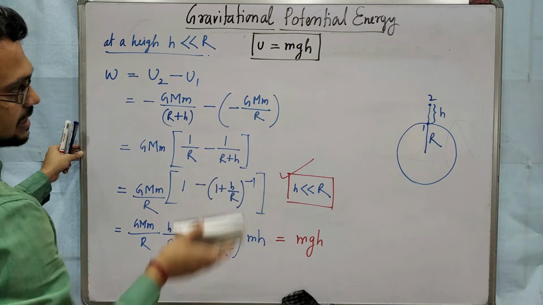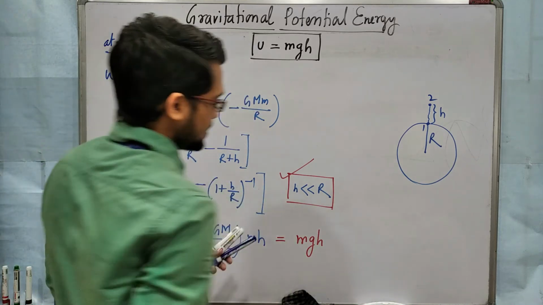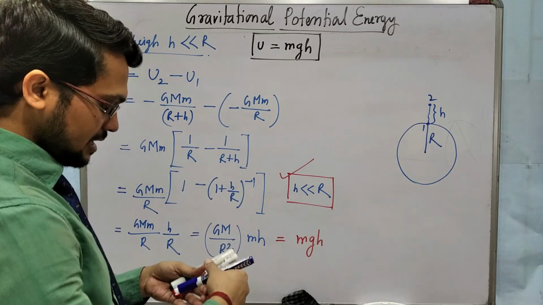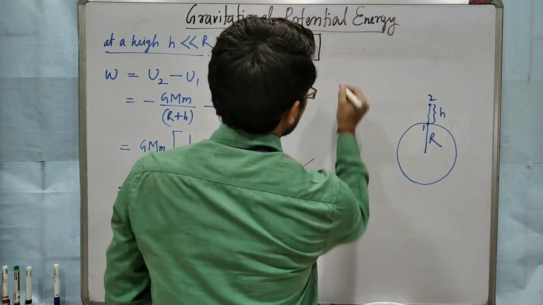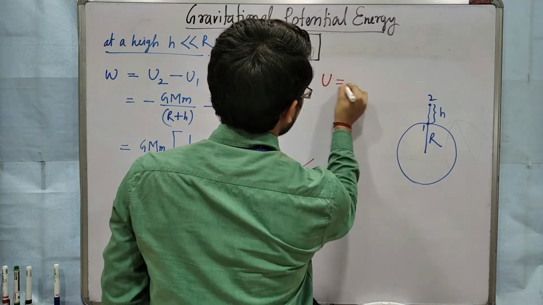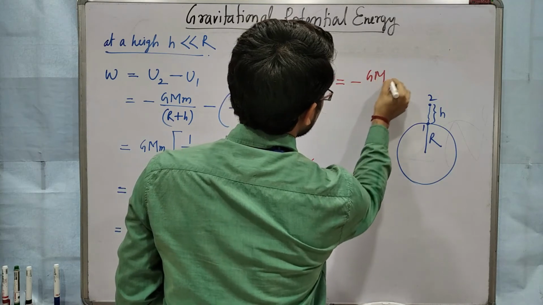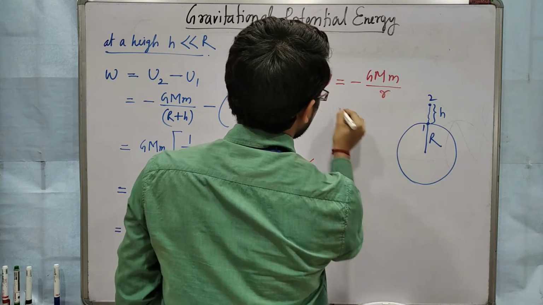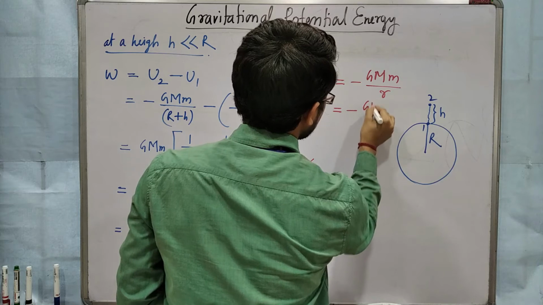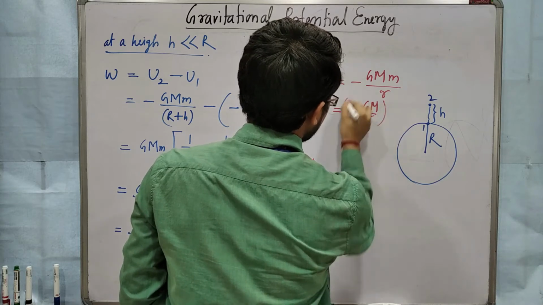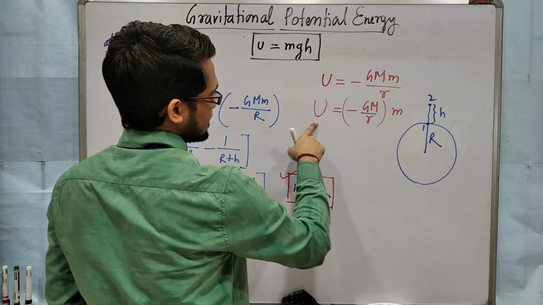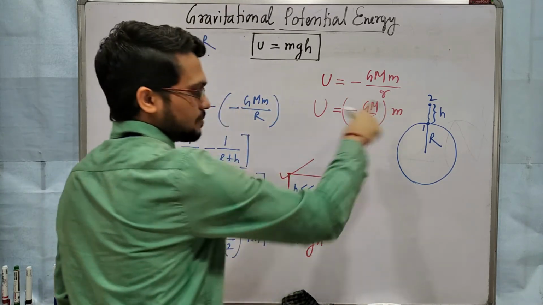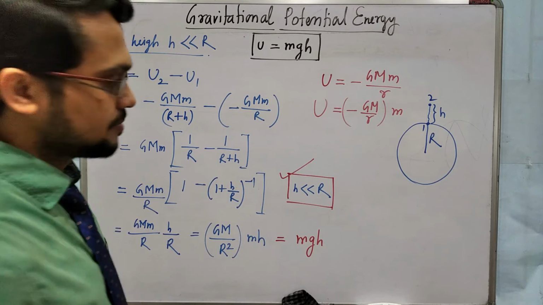And before that, I am telling the relation between gravitational potential and gravitational potential energy. The potential energy U equals minus GMm by r. We can write it as minus GM by r into m. That means potential energy equals the gravitational potential at that point into the mass of the object.